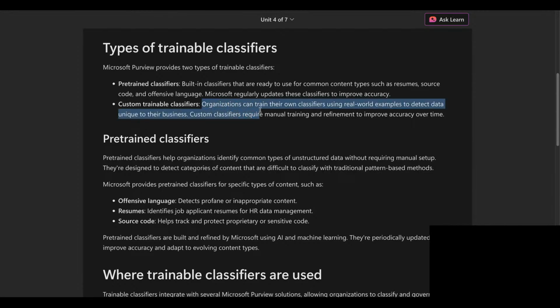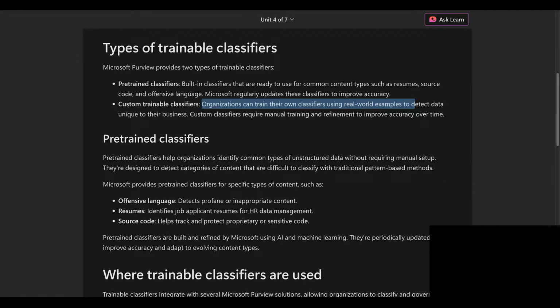Another thing is that organizations can train their own classifiers, right? So if I work in HR and I'm trying to ensure that the system is able to recognize CVs when people apply, then I can use these trainable classifiers to say this is what a CV looks like.